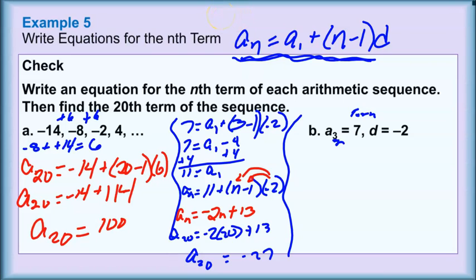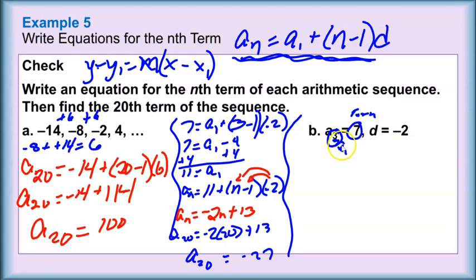Now another way we can solve this is using the point-slope formula. The point-slope formula would be y minus y1 equals m times x minus x1. With this number right here being our x1, this number here being our y1, and then here would be our slope m.